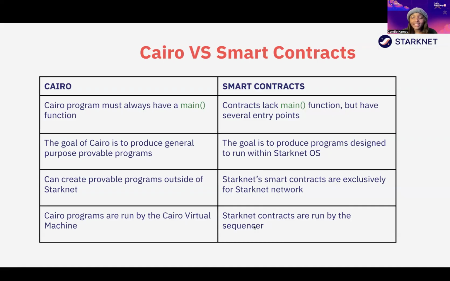So when you write a Starknet smart contract, it's like a transaction, so it's processed by the sequencer so that you can interact with the smart contract. Okay, those are the four main points you'll see as you continue, the difference between general Cairo programs and smart contracts.